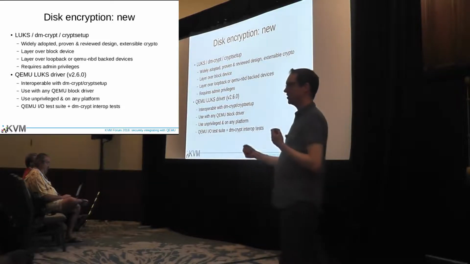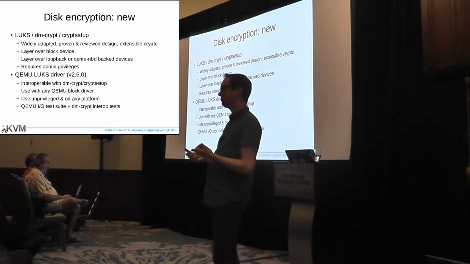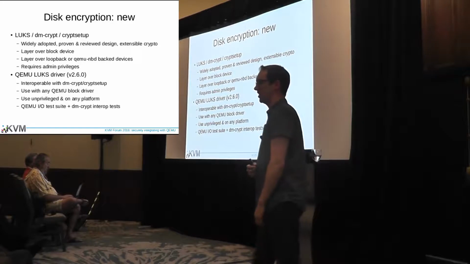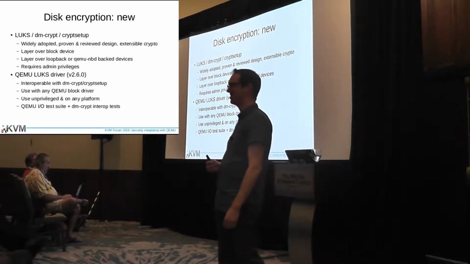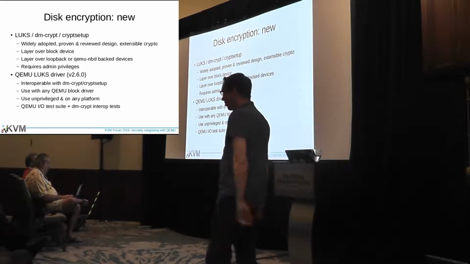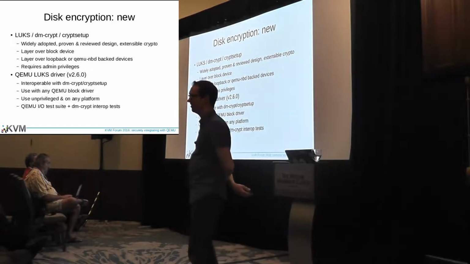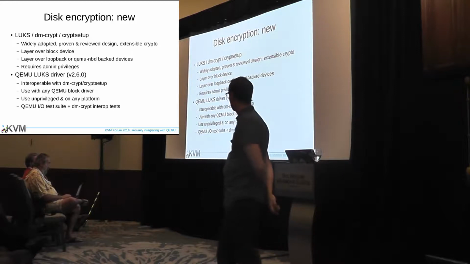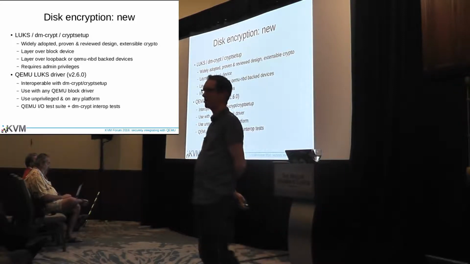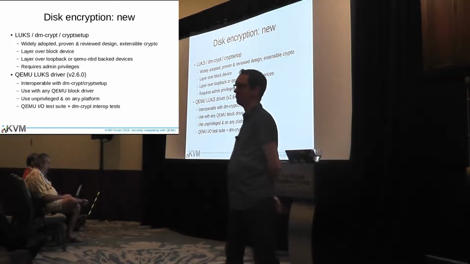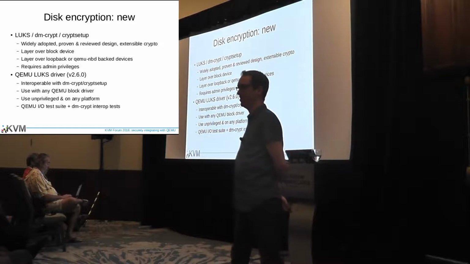The reason we decided to implement a block driver in QEMU itself, as opposed to just telling QEMU to use a LUKS volume exposed by the kernel, is all around simplicity of management. With QEMU, you typically want QEMU to run without admin privileges. And setting up and tearing down LUKS volumes using cryptsetup and dmcrypt requires admin privileges on your host.